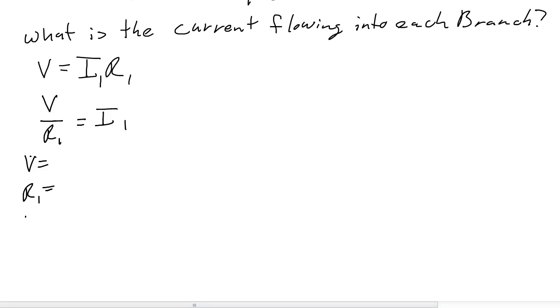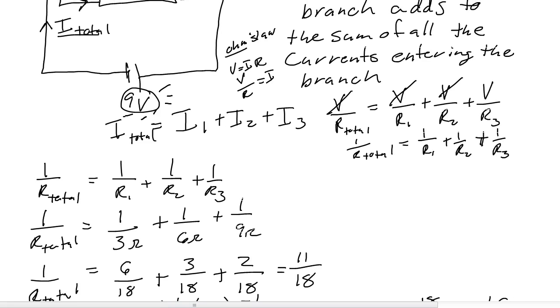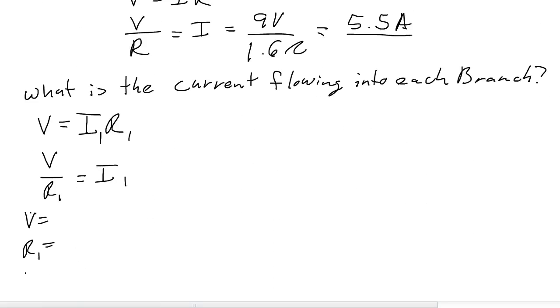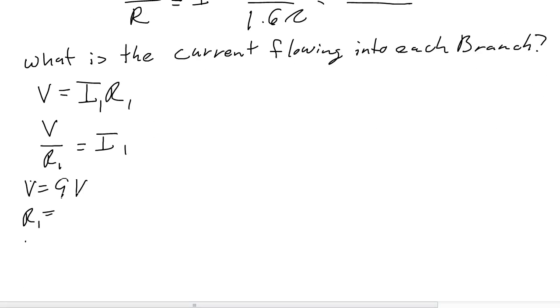So V is equal to 9 volts, as it is everywhere in this circuit, so I'm always going to use 9. 9 volts. R1 is equal to 3 ohms. And so V is 9, R1 is 3, and I get a current of 3 amperes.